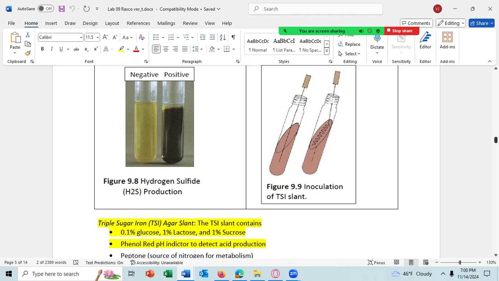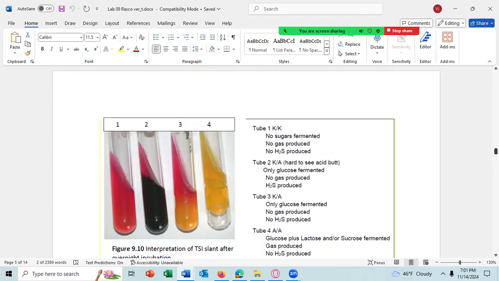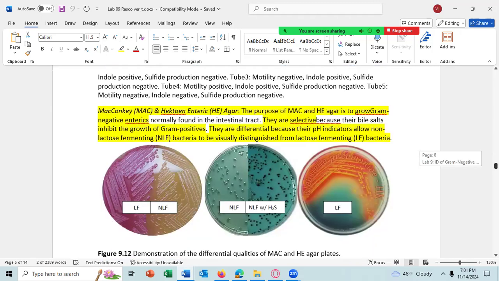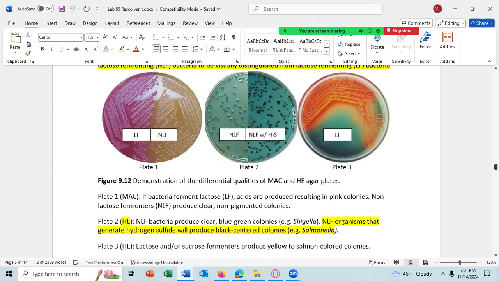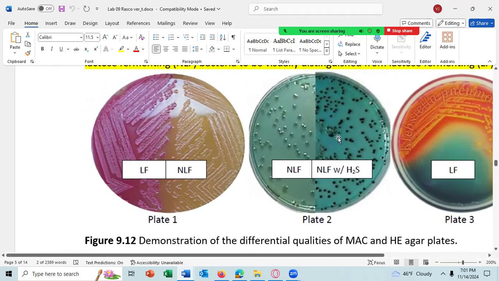Let me show you the HE agar plate. Now there's hydrogen sulfide being produced in the TSI tube, also on the bottom. And there's SIM media again, hydrogen sulfide being produced, black. Let me see if I can blow that up. There you can see black colonies on this HE plate.